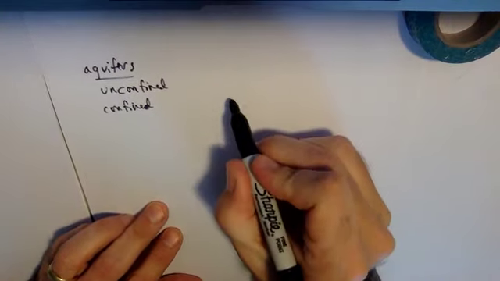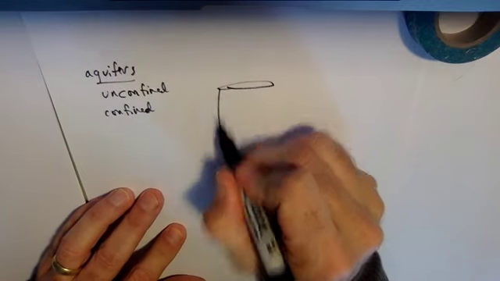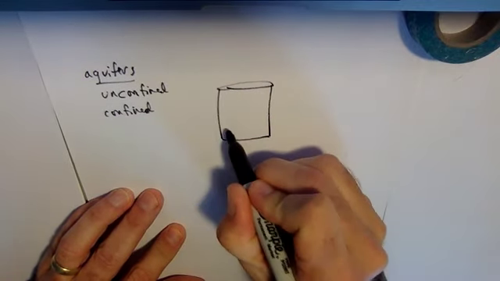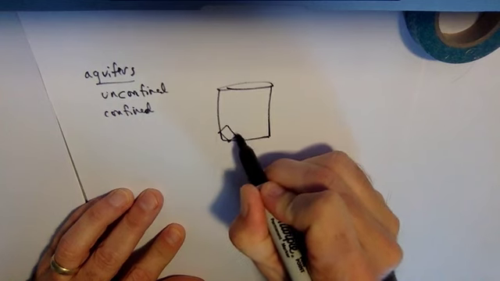Unconfined aquifers you can think of sort of like your glass with ice in it. These are supposed to be ice cubes.